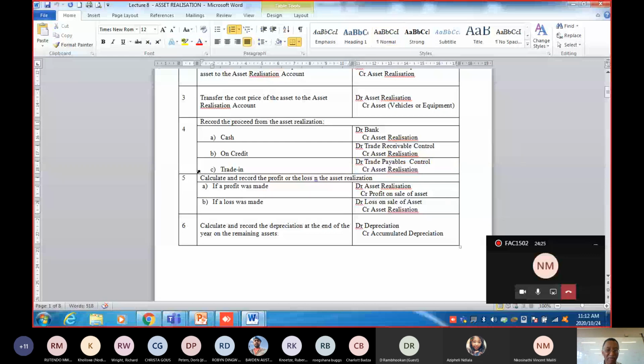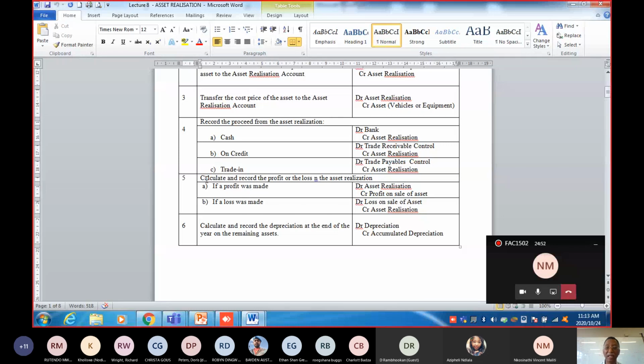In step number 5, we calculate now if we have made a profit or a loss on the sale of the asset. If we have made a profit, then we deal with an account called profit on sale of asset. And profit on sale of asset is classified as an income account.